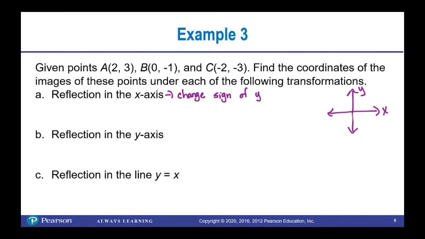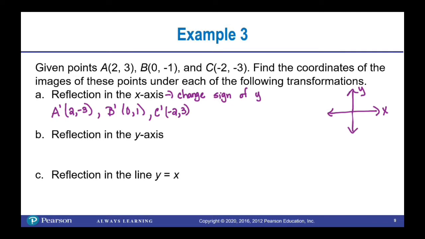So for A, my new point A prime would be 2, negative 3. I change the sign of the y. For B, my new point would be B prime, the point 0, 1. My sign of the y changed. And for C, my new point is C prime, negative 2, 3. Again, notice that the sign of the y changed.